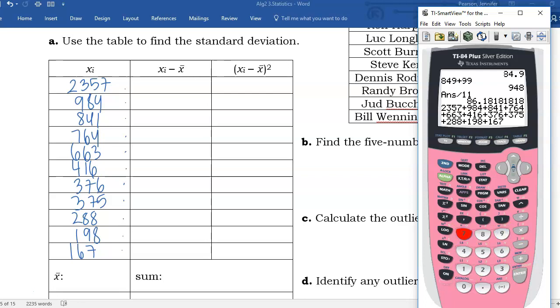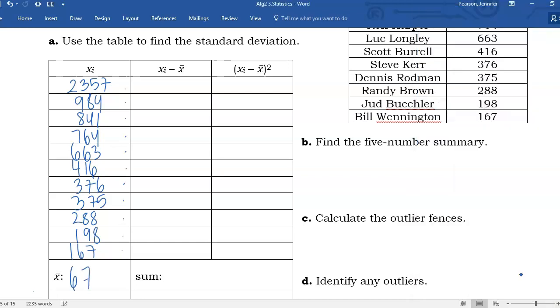So mean is sum divided by number of values. Our mean is 675. So this spot on the table is a place to record the mean, okay? The mean right here is 675. Next, we need the distance from each value to the mean. That's what this says.